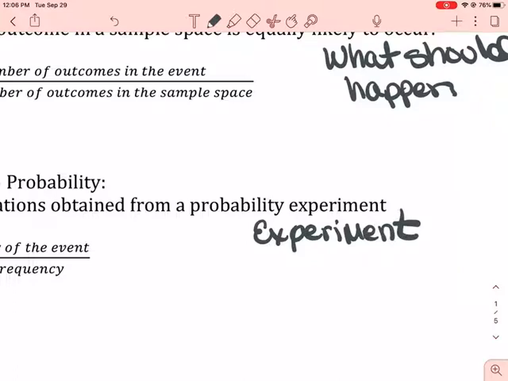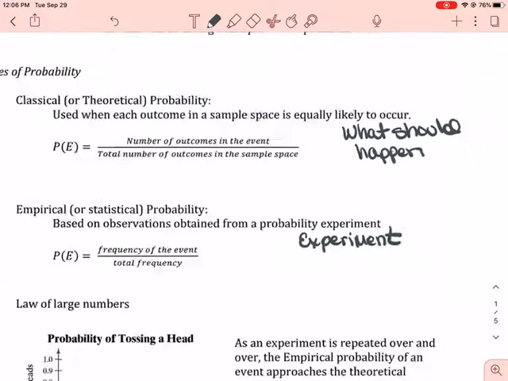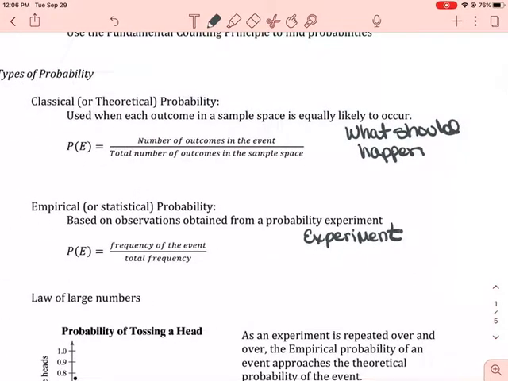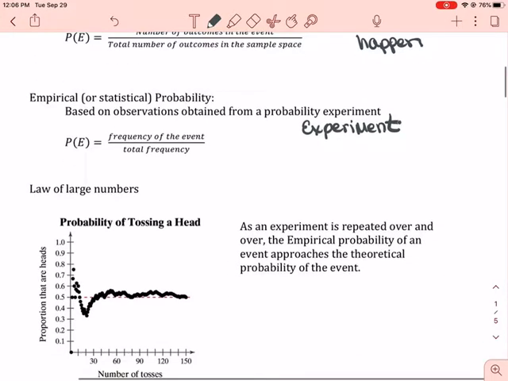Okay, this is when I physically roll a die and collect the information, or I pull red, white, and blue poker chips out of a bag. What's the probability of getting a red or something like that? And I perform an experiment. So these are things that we look at in terms of going out and physically doing something. So it's how many times the event occurs over the total number of times you do it.